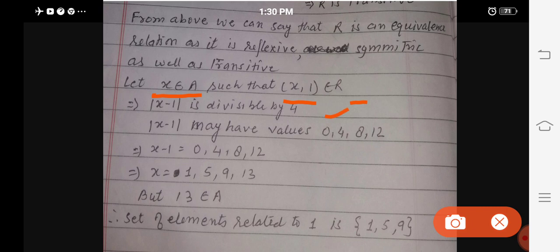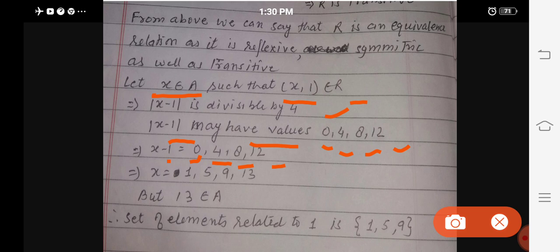It means mod of x minus 1 may have the values 0, 4, 8 and 12. In the given set, these are the only numbers which will satisfy the condition. It means x minus 1 is equal to 0, 4, 8 and 12.